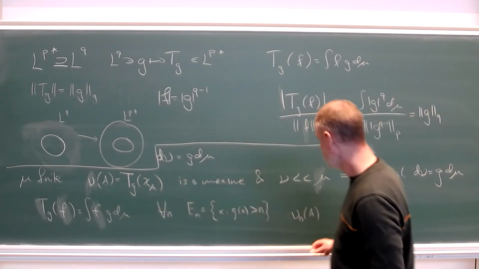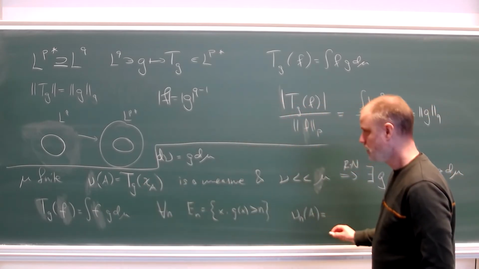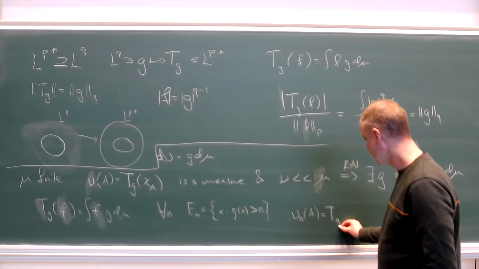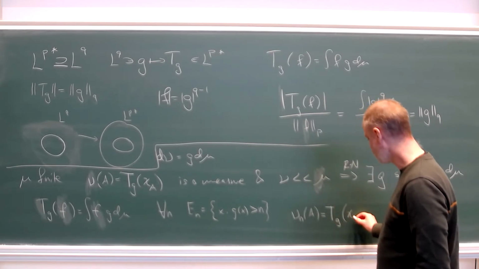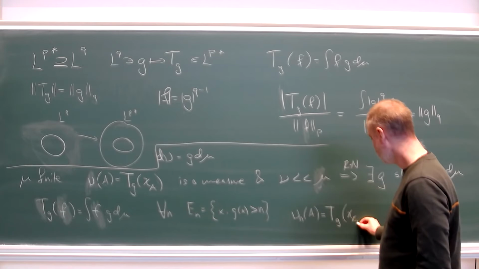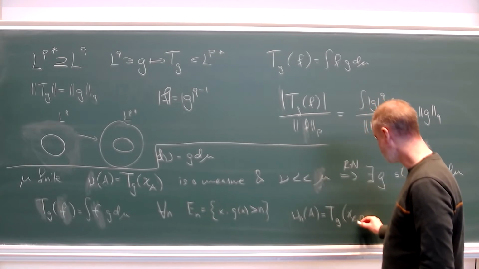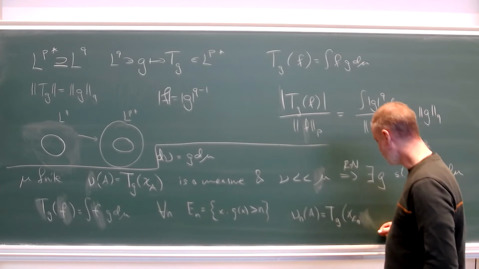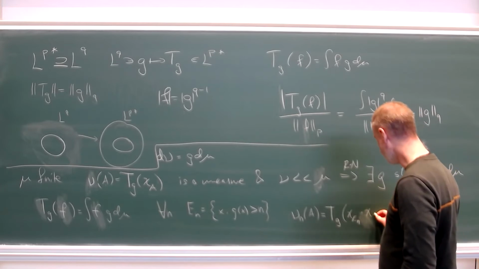It's just that here I'm going to do Tg, characteristic function of En intersect with A, or easier actually to just multiply them.